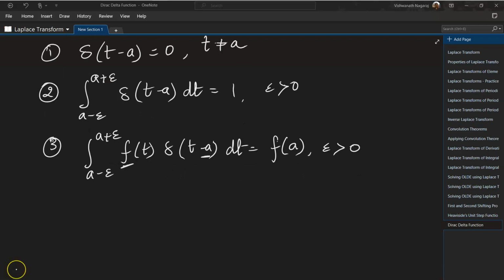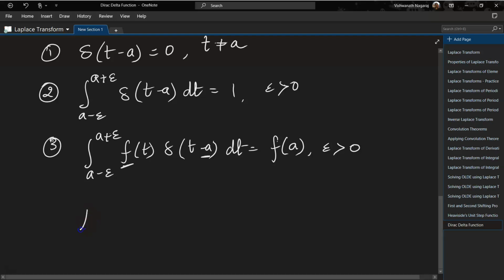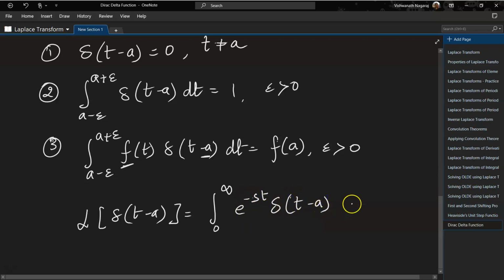It can't be 0. Now, remember, whenever we want to solve differential equations, we require the Laplace transform. So the Laplace of delta of t minus a is the integral from 0 to infinity of e to the power of minus st times delta of t minus a dt.